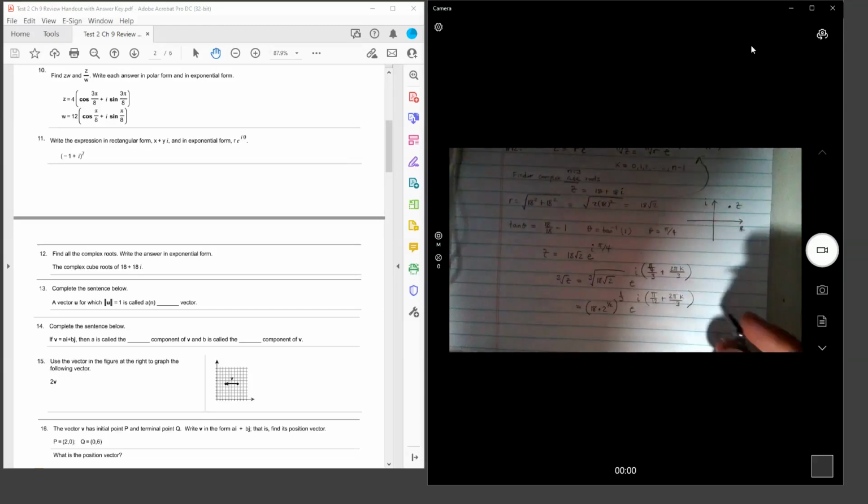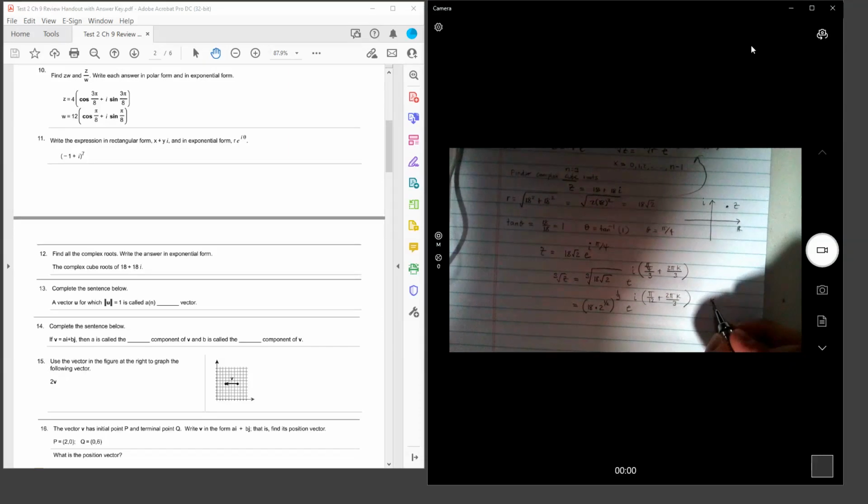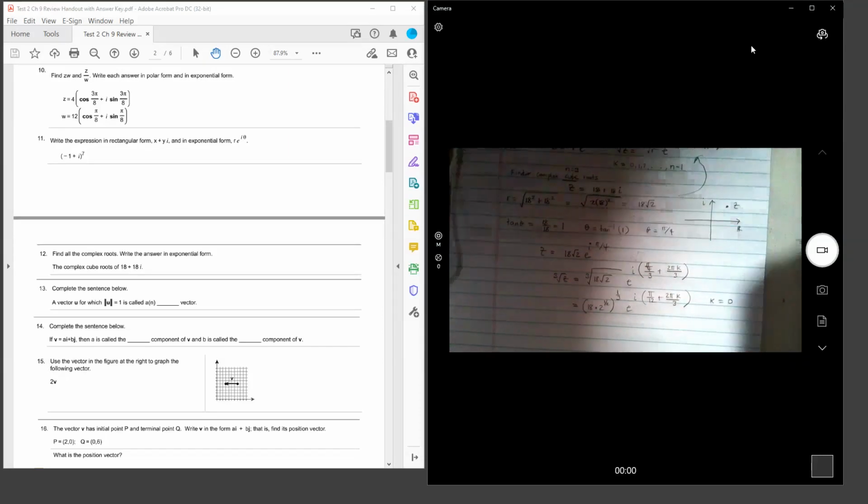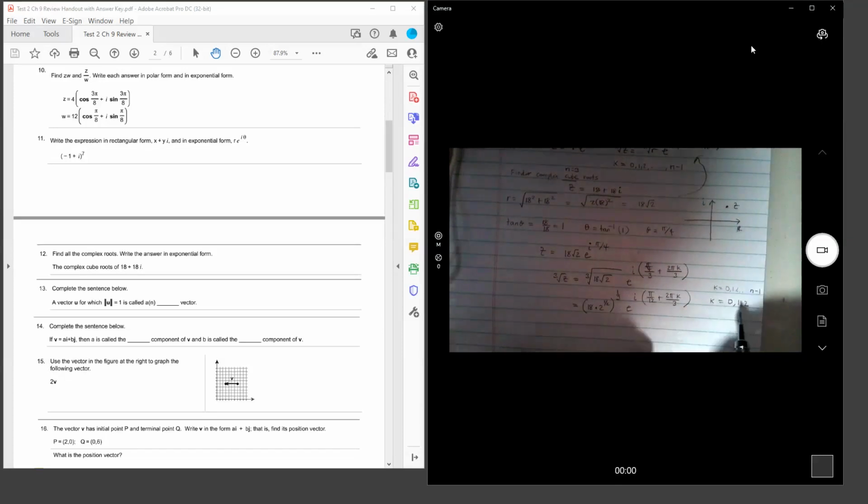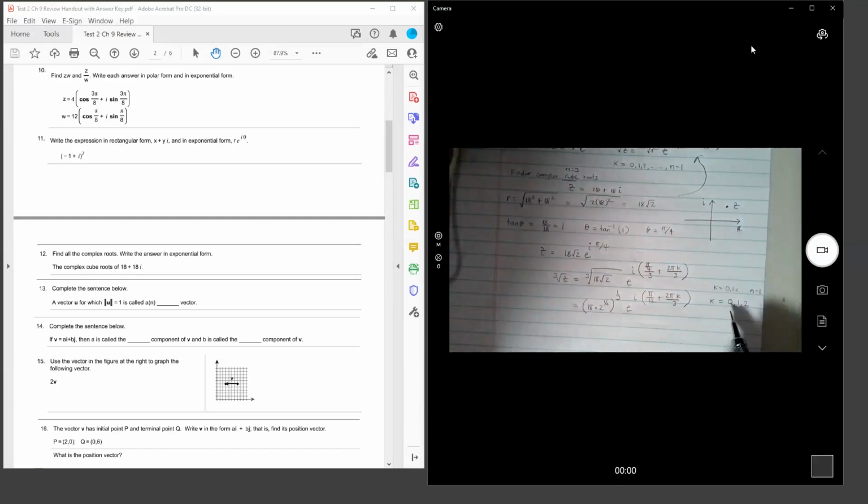And in this particular example, k will take the following values: 0, 1, 2, because k must go up to n minus 1. And because n is equal to 3, 3 minus 1 is equal to 2. So k will be 0, 1, 2, 3. Oh, I'm sorry, 0, 1, and 2. And notice that we're finding cube roots, and we're going to get 3 numbers.